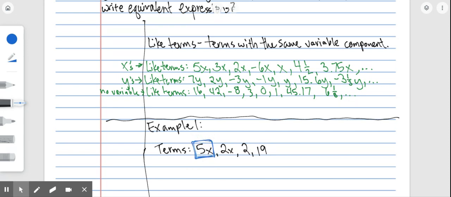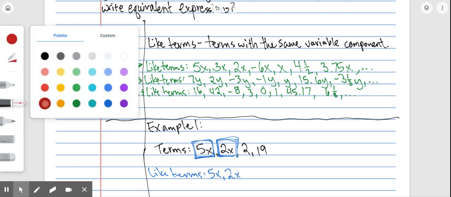Are any of my other terms attached to an x, or to the same variable as that one? Yeah, this 2x also has an x attached to it. So 5x and 2x are like terms. Are there any others with x's attached to them? I don't see any. So I'm going to write: like terms are 5x and 2x.